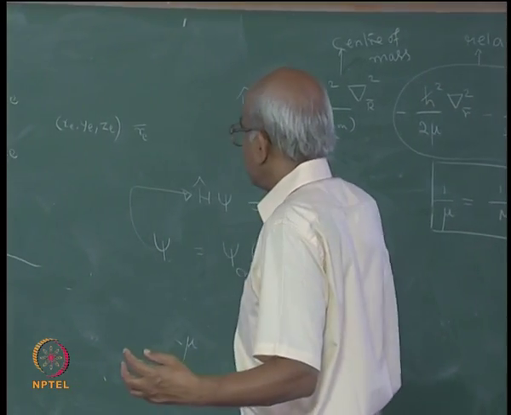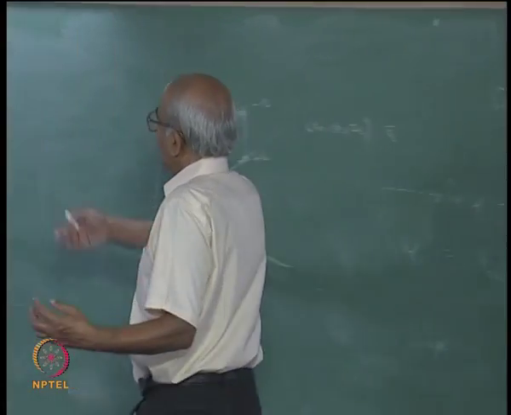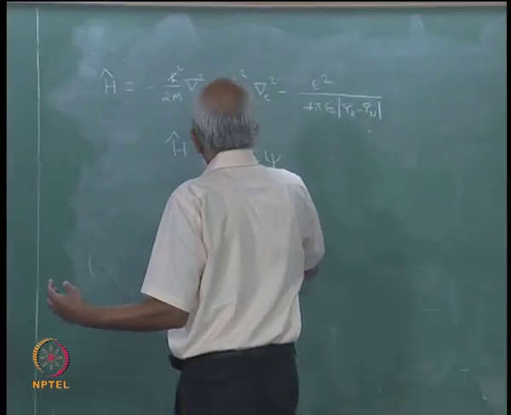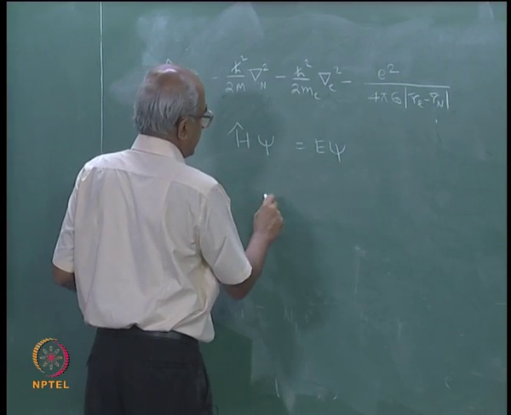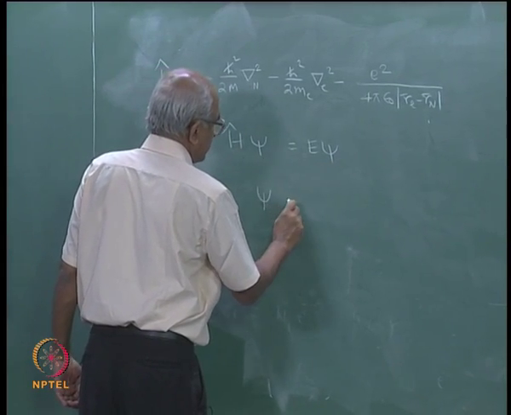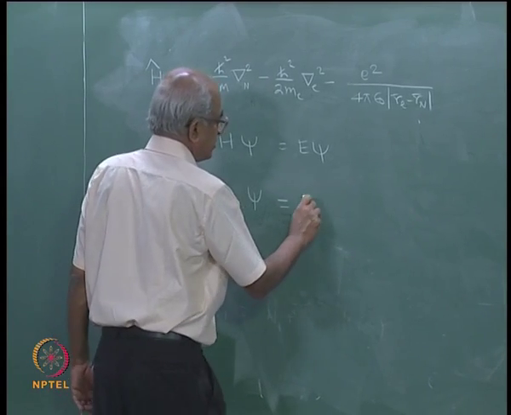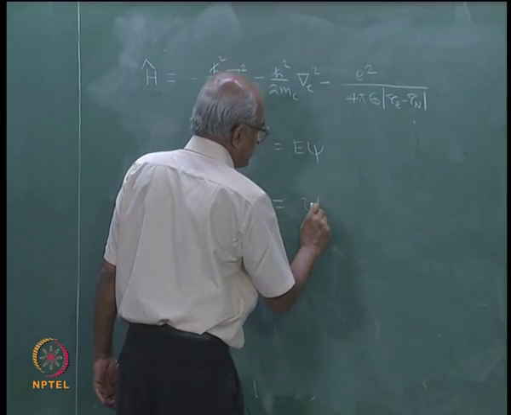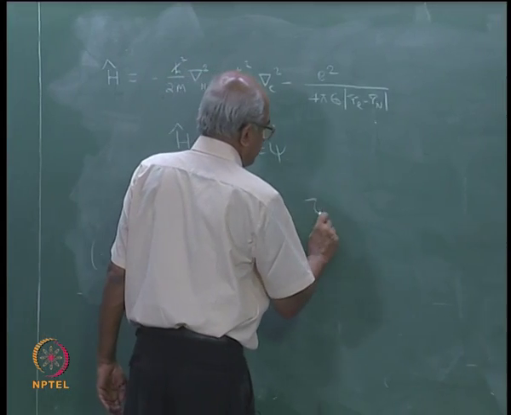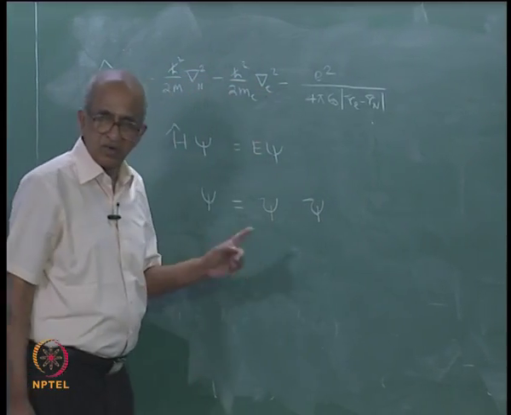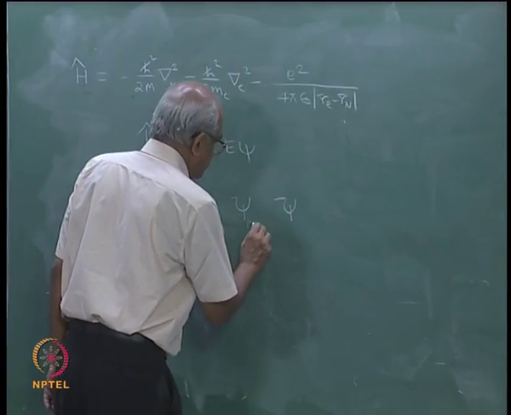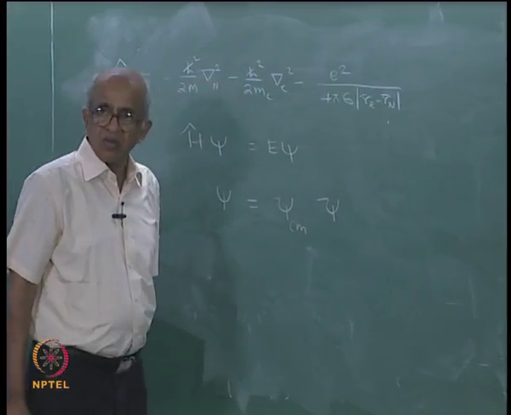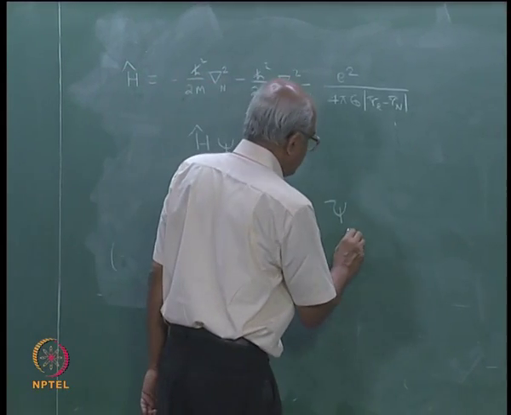The Hamiltonian has to operate upon psi and give you E psi, but if you want to solve the equation, you will say that psi may be written as a product of two functions. I will denote both of them by psi, but one is for center of mass motion and the other one is for relative motion.